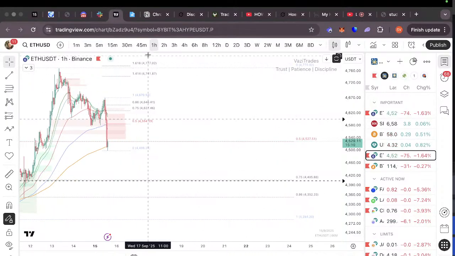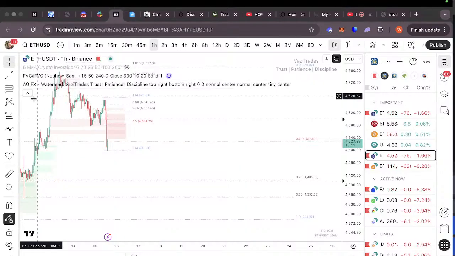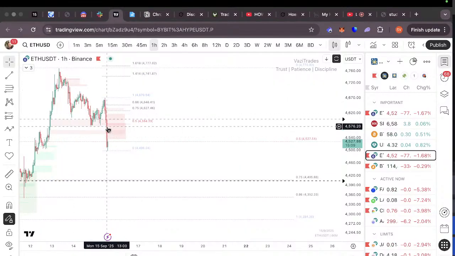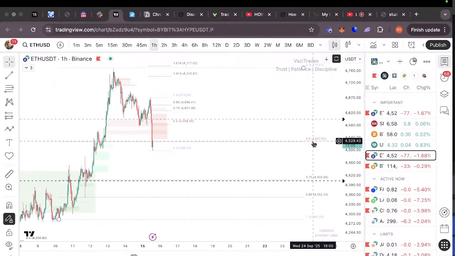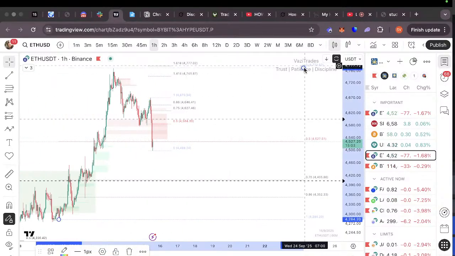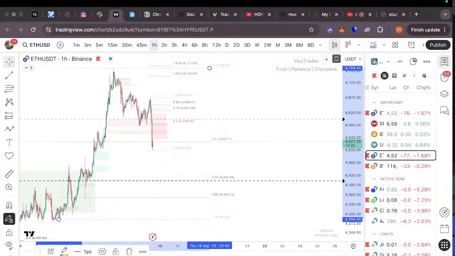First, if we go to 1 hour or 4 hour, other time frames, doesn't matter, we can see that after such a strong drop, price gave a close. Look at this candle, it gave a close below the 0.5 Fibonacci.